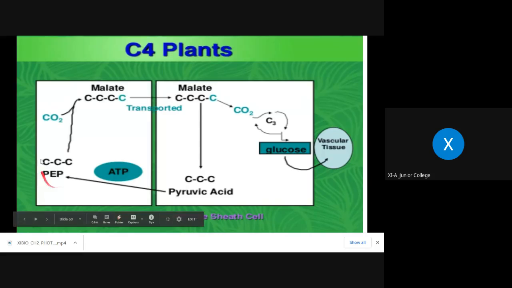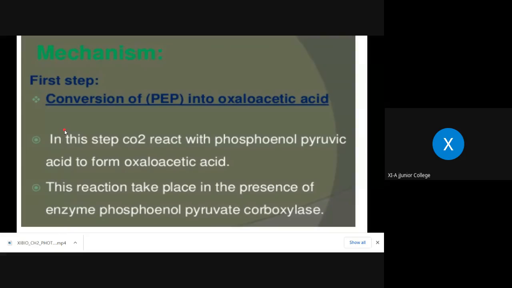So what are these reactions? The first step is the conversion of PEP into oxaloacetic acid. Oxaloacetic acid is a 4-carbon compound, so it is the C4 pathway. Then it gets converted into malate, or malic acid.